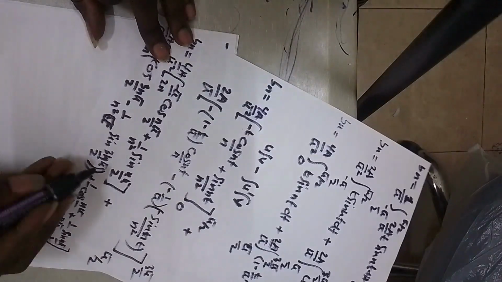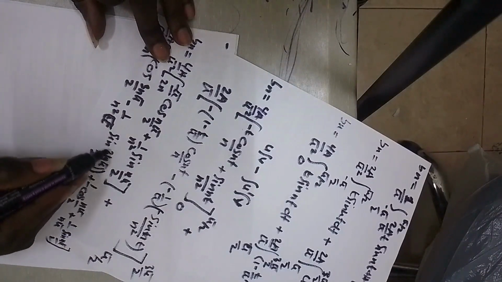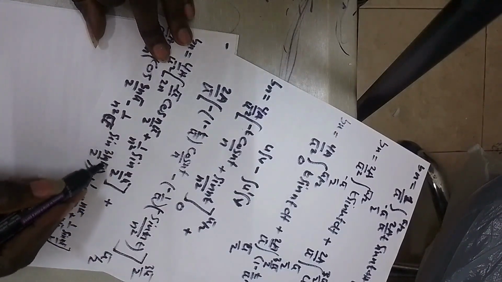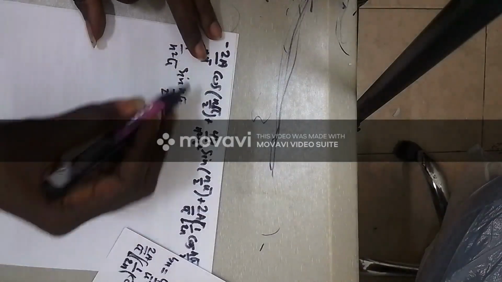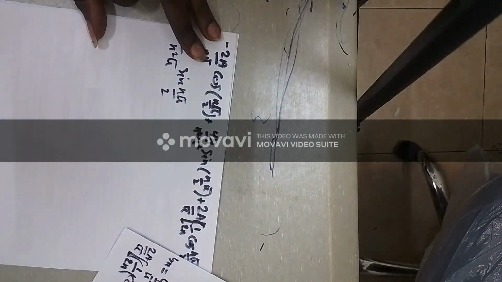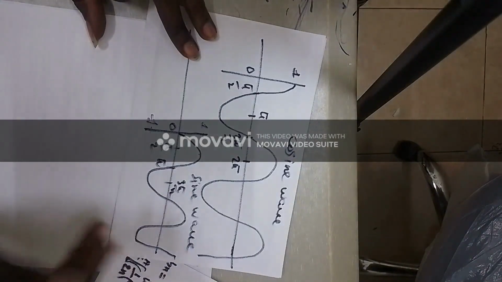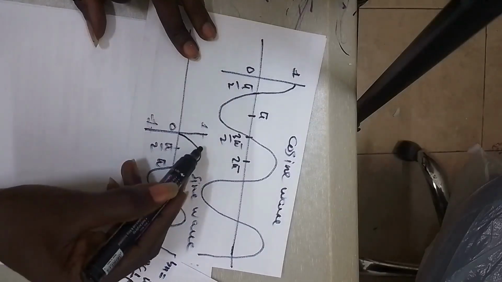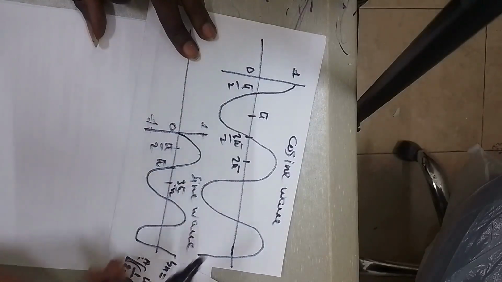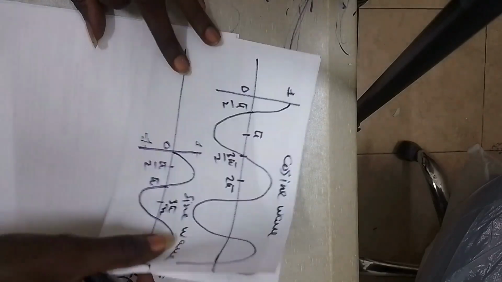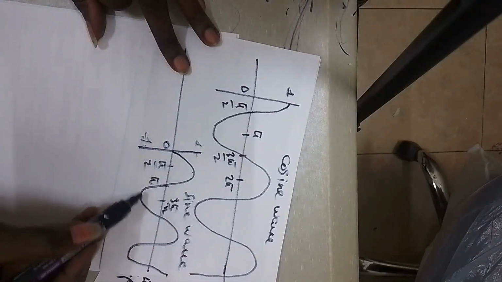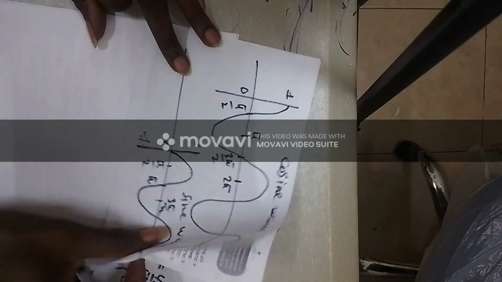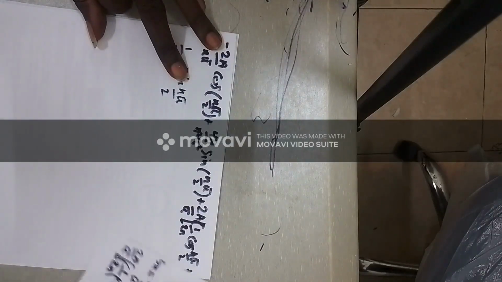Because here I have sine 3 n pi on 2, but here I am writing sine n pi on 2 because they have the same value. Sine 3 pi on 2 is minus 1, and sine pi on 2 is 1. That means that sine 3 pi on 2 is equal to negative sine pi on 2.